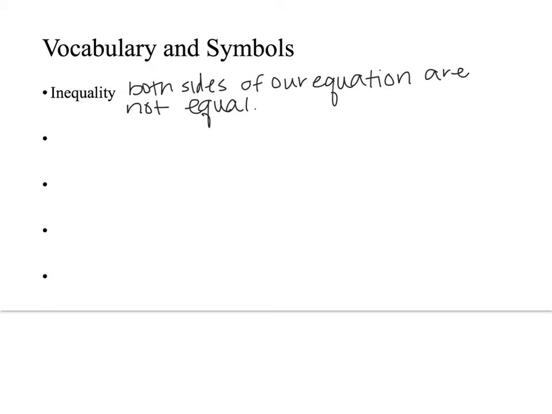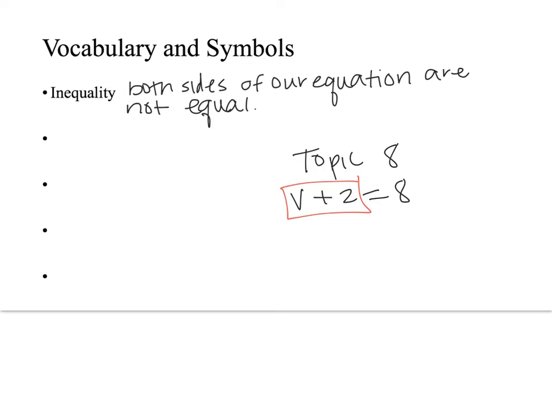So all of last unit in topic 8, we had equations that look like this: v plus 2 equals 8. We knew that this part of our equation had to equal 8, so something plus 2 equaled 8.